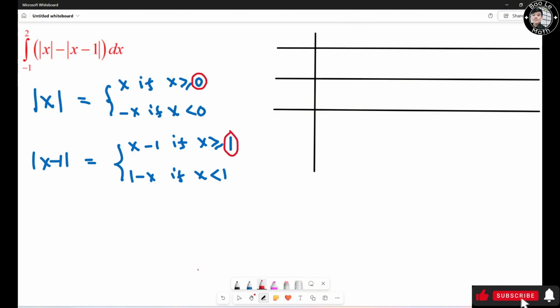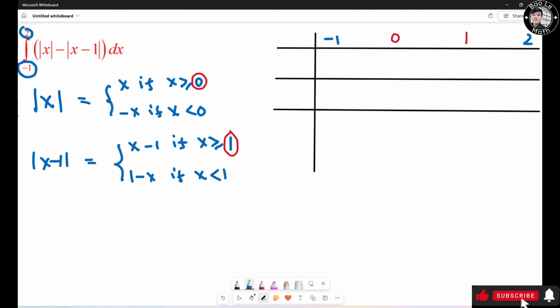The starting point is -1 and the end point is 2. The breakpoints are 0 and 1, so I put 0 here and 1 here.